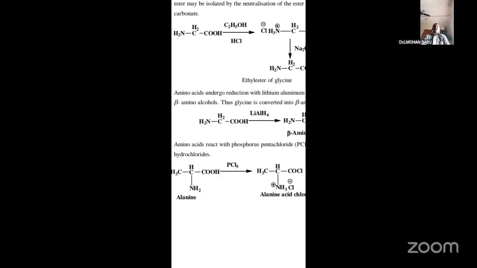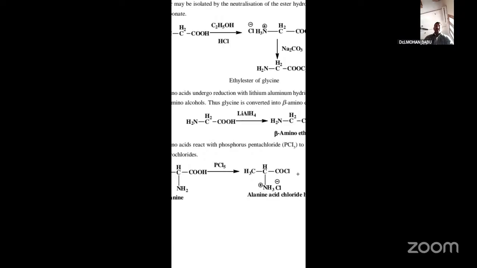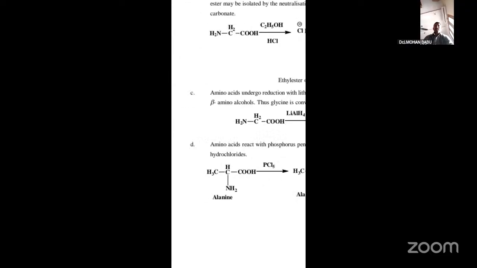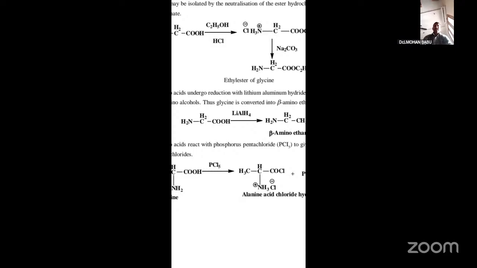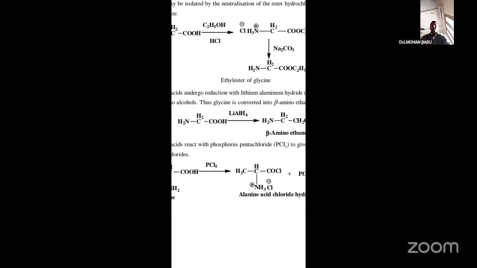And when this alanine, the alpha amino acid, is treated with phosphorus pentachloride, PCl5, it gives an acid chloride, and phosphorus chloride is a byproduct. The acid group is converted to an acid chloride, COCl.